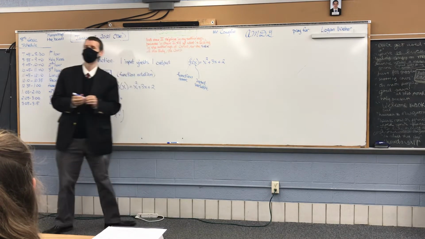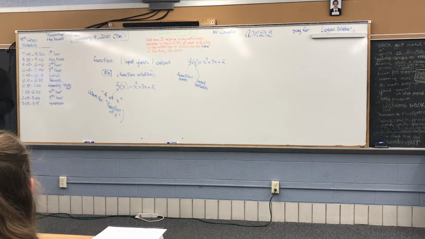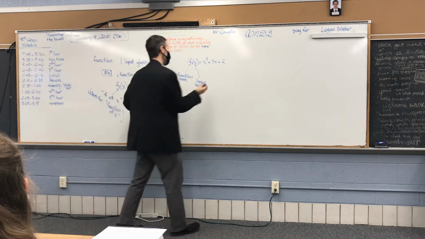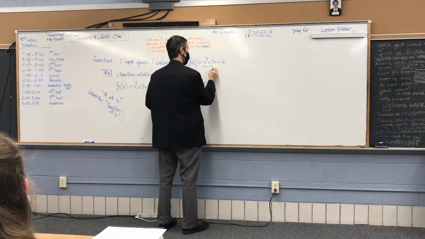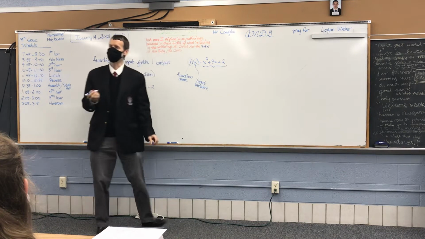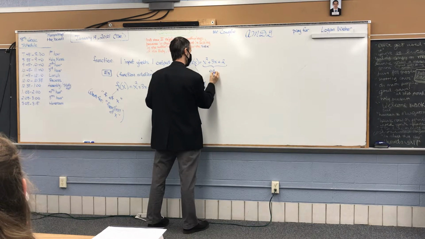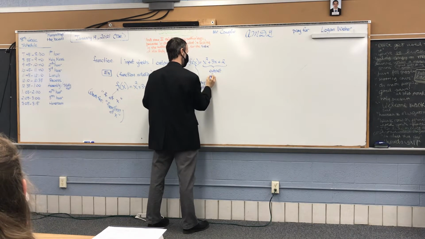It's what you plug in. This is basically a machine. You feed it numbers and it spits out different numbers. This thing on the end, the x squared plus 3x plus 2, is called the output formula.